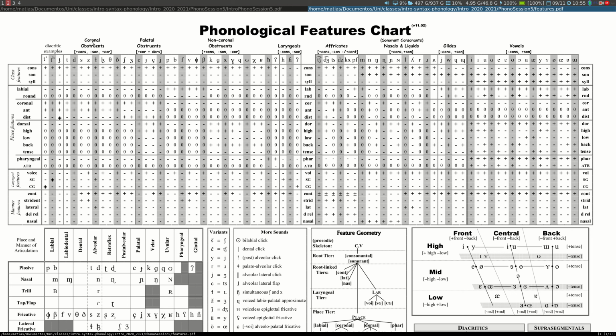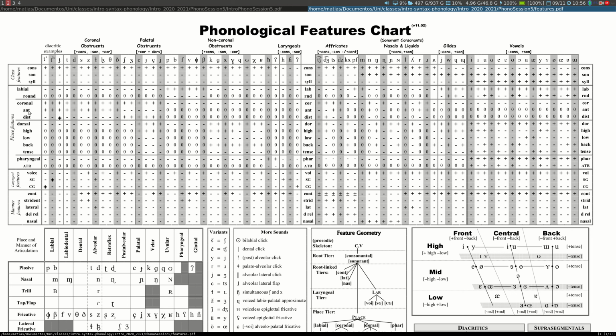Now we have here all the coronals, here are the non-coronals, and these sounds are articulated by moving the main articulator, the tongue, up. We're still not distinguishing between place of articulation, but we're distinguishing between these sounds which move the tongue up and these sounds which don't. And you also have some here which are also coronal.